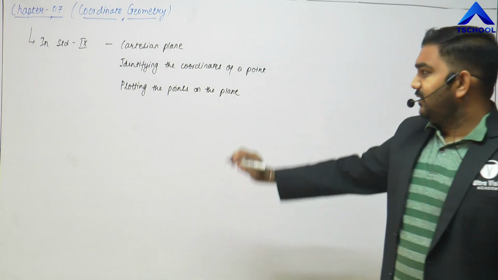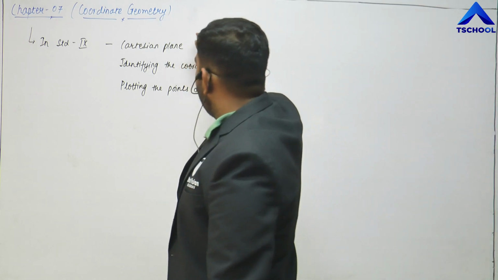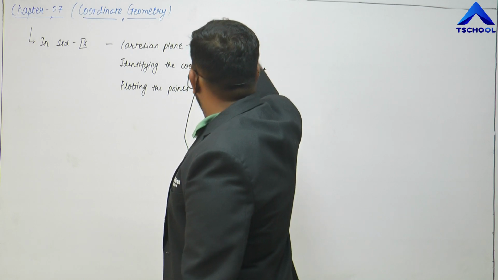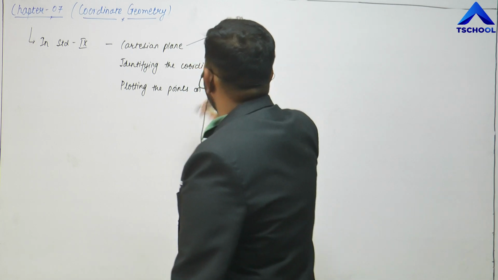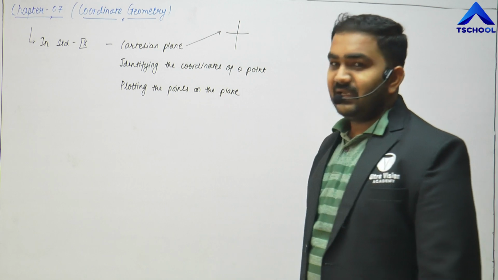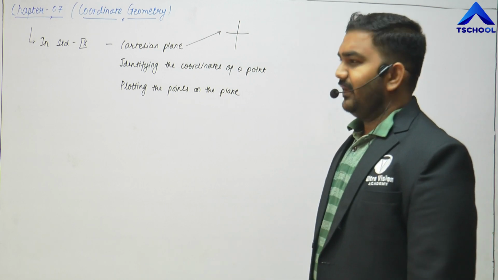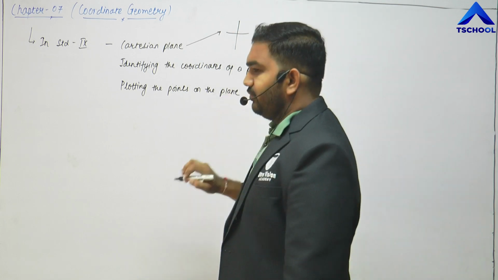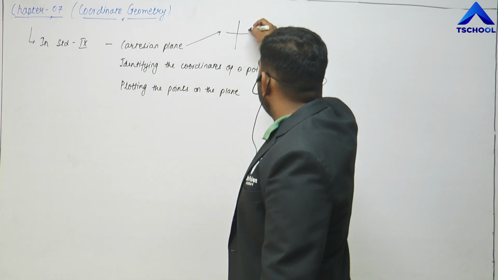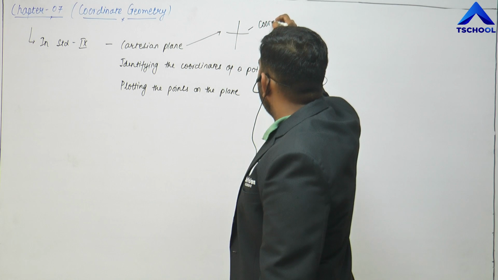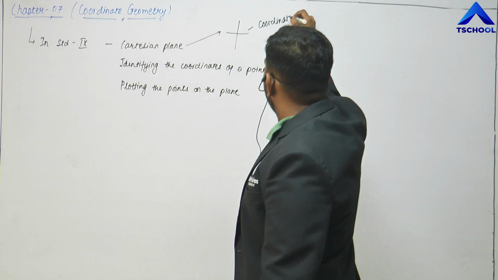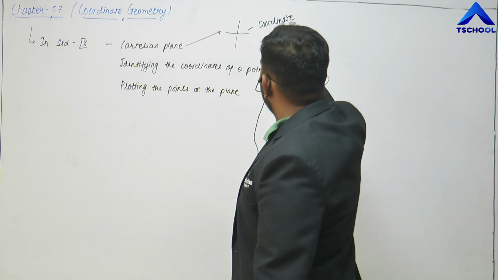Is it clear that the Cartesian plane consists of a horizontal and a vertical axis intersecting each other at the origin, making an angle of 90 degrees? So these were the two number lines, also known as the coordinate axis, right?